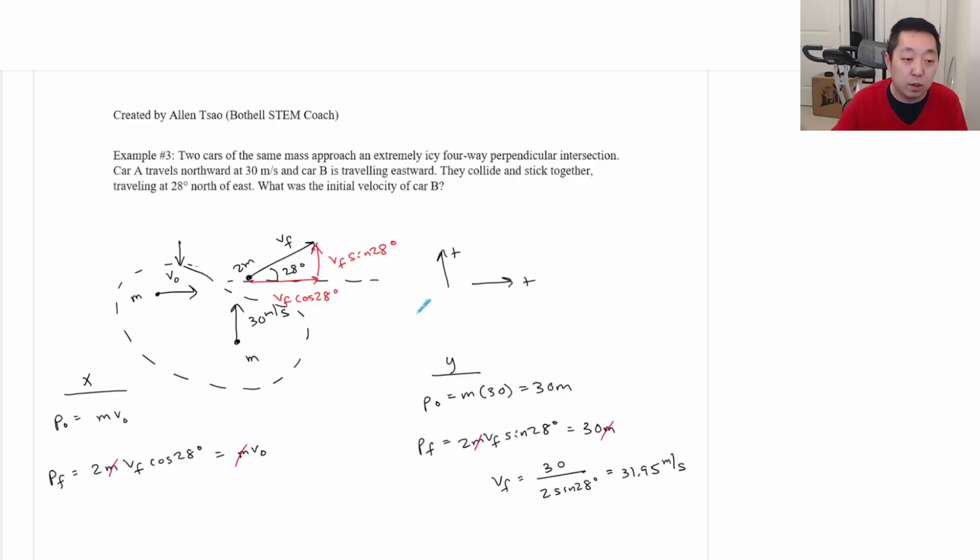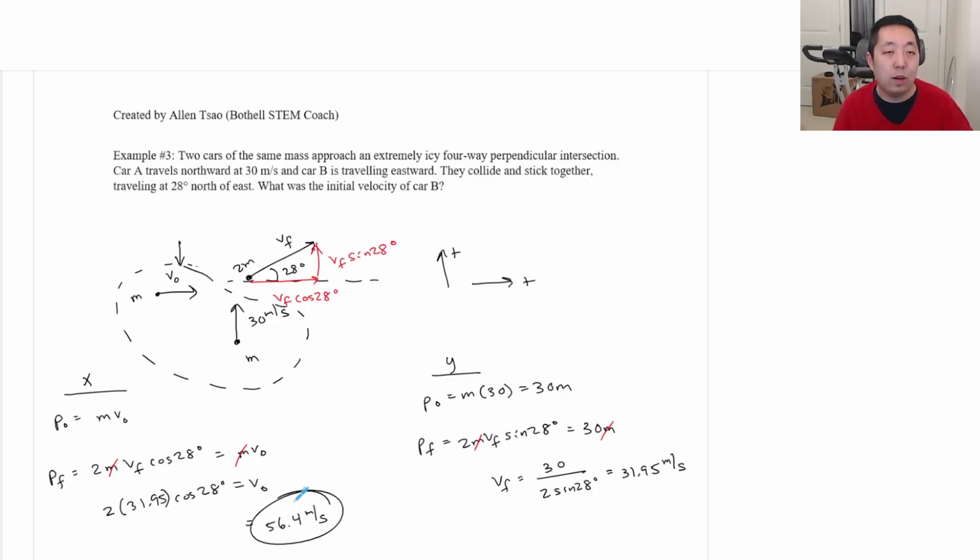So that's how fast they're moving finally. And then you can plug that into here: 2 times 31.95 times cosine of 28 degrees equals V0. And there you go, I get 56.4 meters per second. Okay? So don't be afraid. It turns into a math problem once you set up the core conservation of momentum equations, and it's just a math equation you've got to solve. All right?